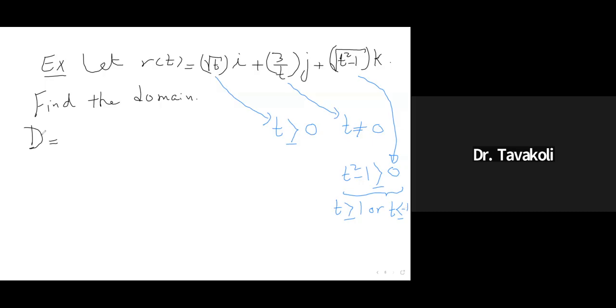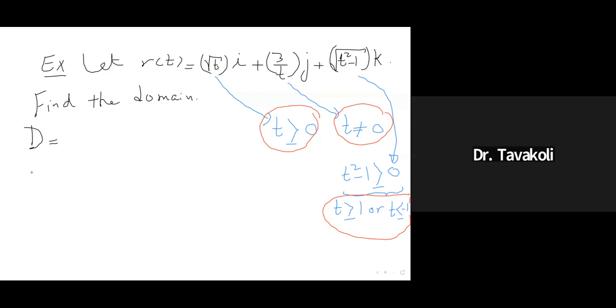Now, I should find the overlapping of these three restrictions. So t must be more than or equal to 0. T cannot be 0. And also t must be either more than or equal to 1 or less than or equal to -1. I suggest that before seeing my solution, you think about all the examples that we did.